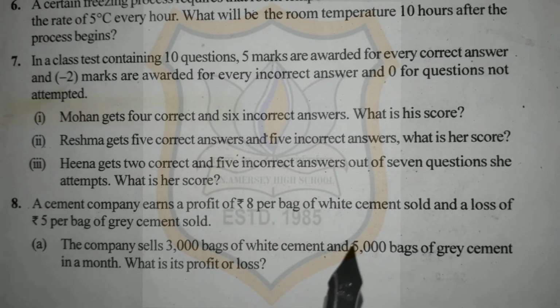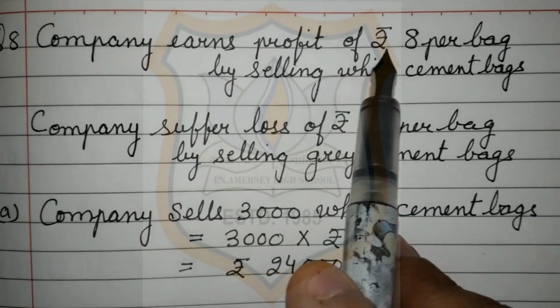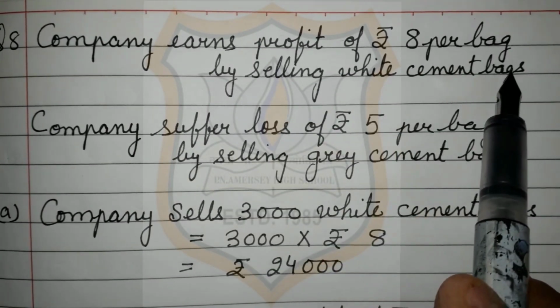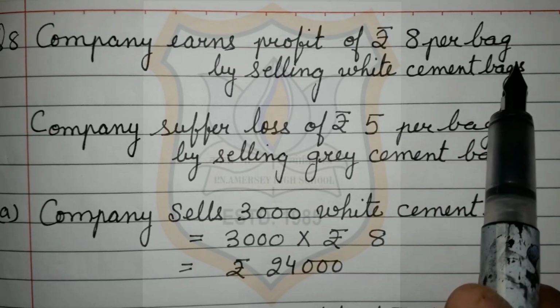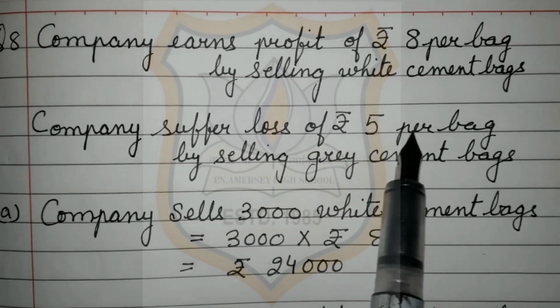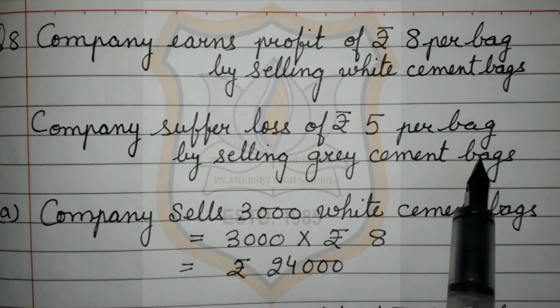That we have to calculate. Company earns profit of rupees 8 per bag by selling white cement bags. That is already mentioned in the question. Company suffers loss of rupees 5 per bag by selling grey cement bags. That is also there in the question.